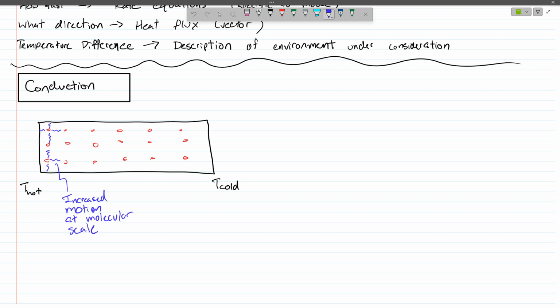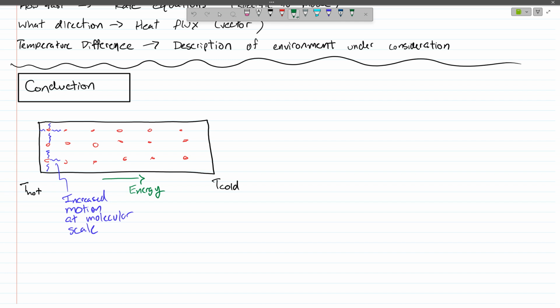And so what that does, right, is through the process of colliding with their neighbors or shaking their neighbors around, they are imparting some of their energy to their lower energy neighbors, right? And so we end up with this net flow of energy from the hot and therefore more energetic side to the cold and therefore less energetic side.